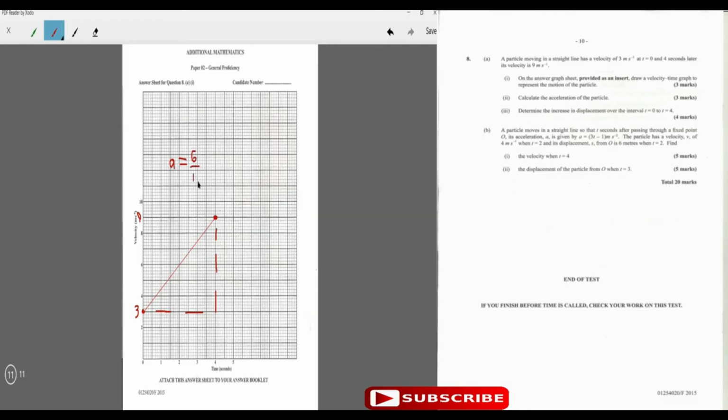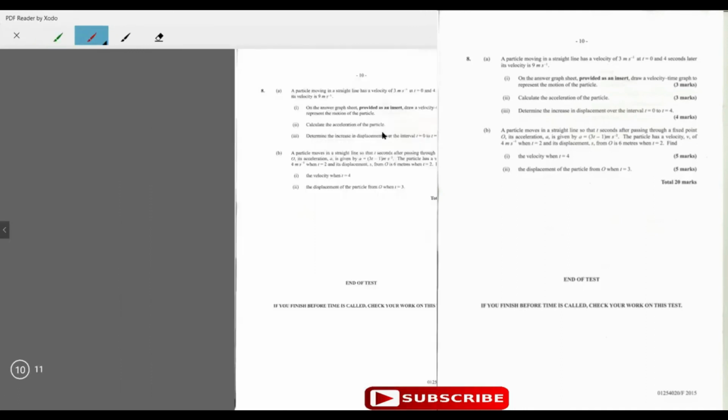So the acceleration is 6 over 4, which is 1.5 meters per second squared.